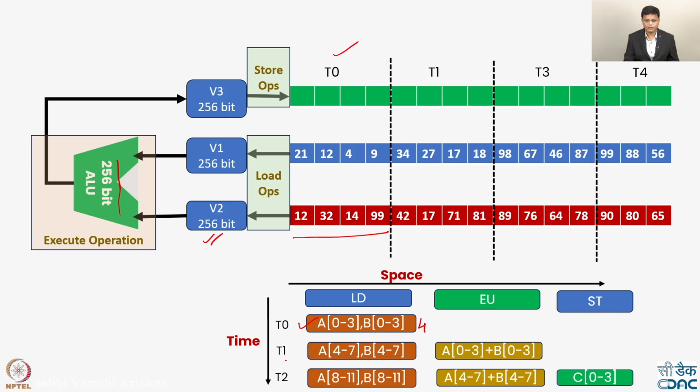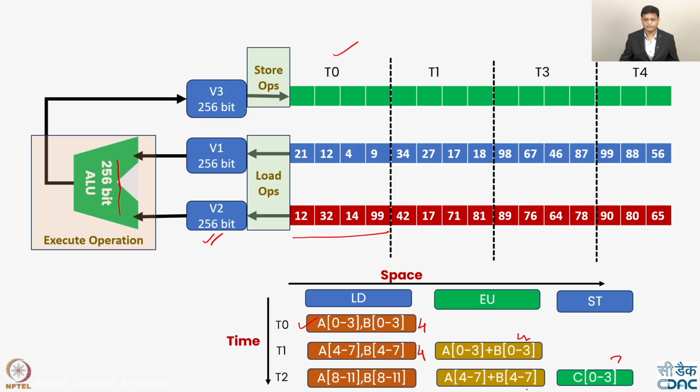At the T1 cycle, the next 4 elements will come to the load unit to load from the global memory to the vector register. At the same time, the previous 4 elements go for the processing, means the addition operation.